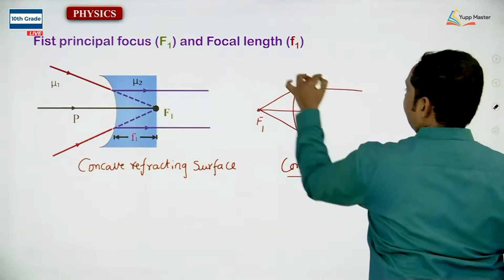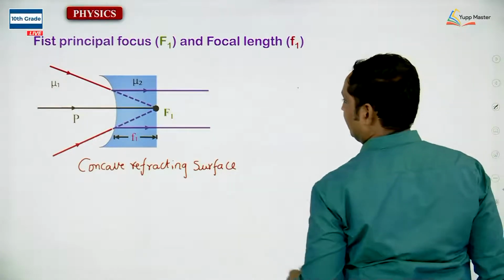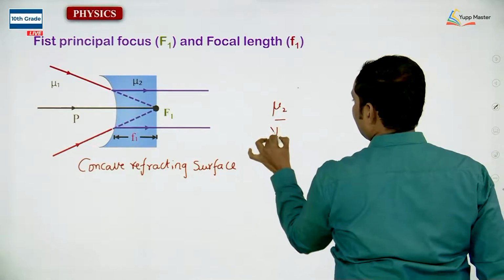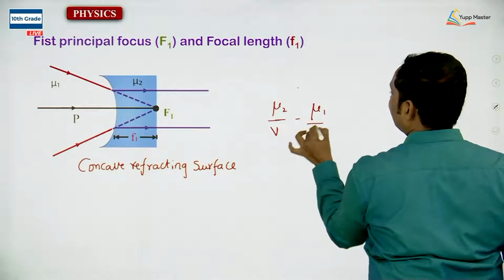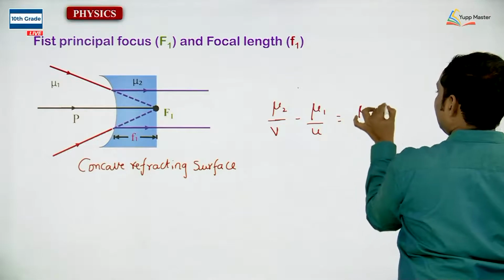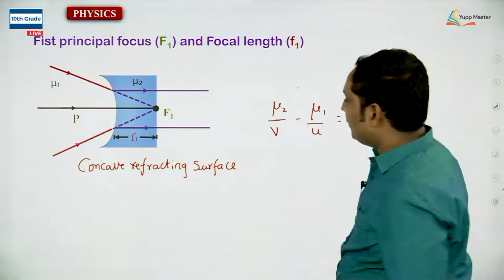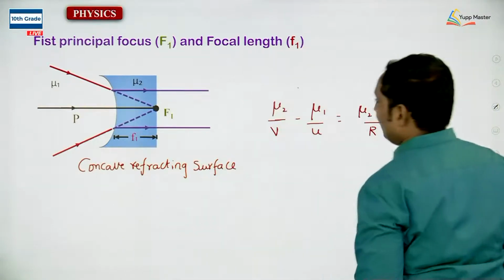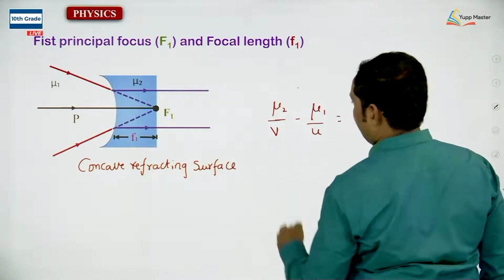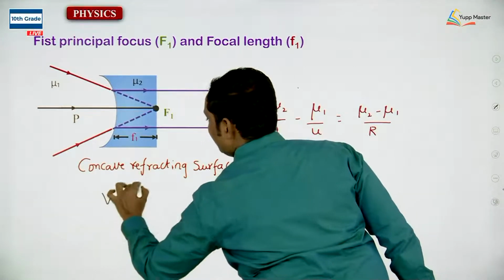Now we are going to take mu2 by v minus mu1 by u is equal to mu2 minus mu1 by R. Here you will identify that v is equal to F1, and u you have to consider.